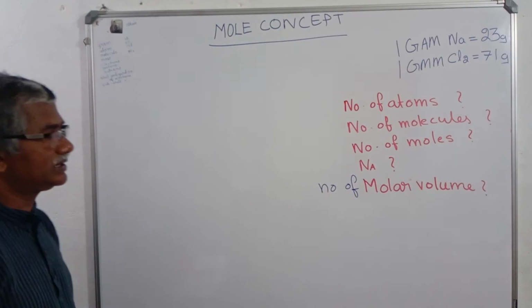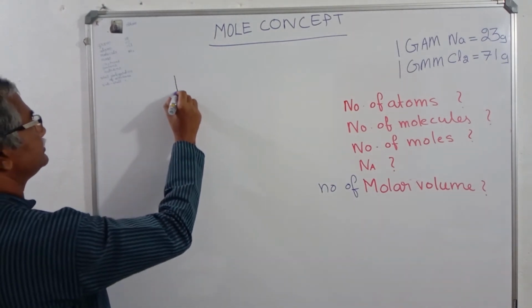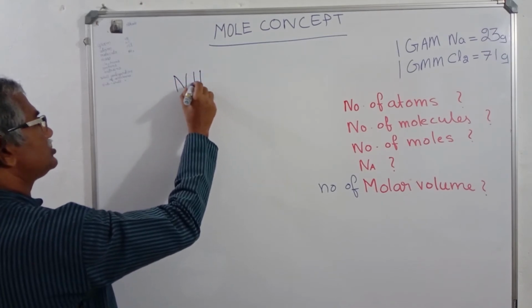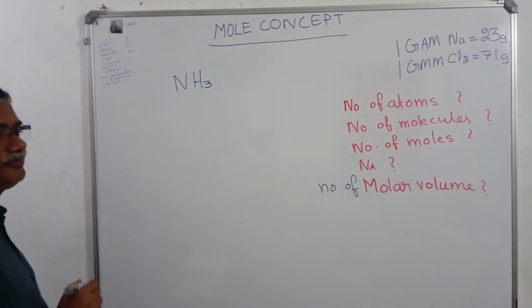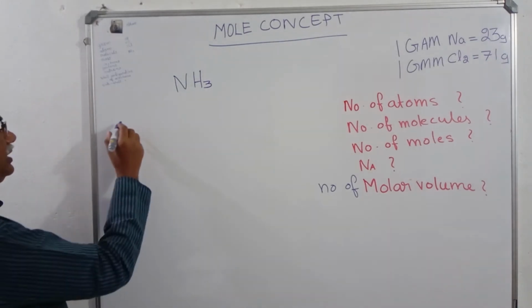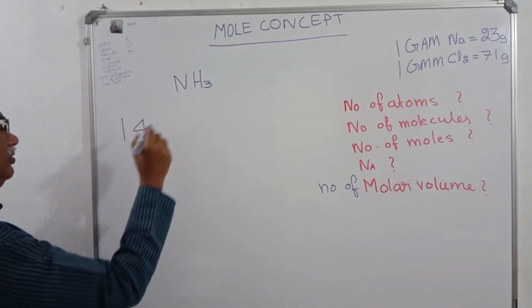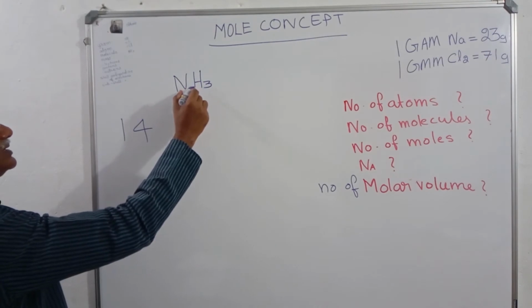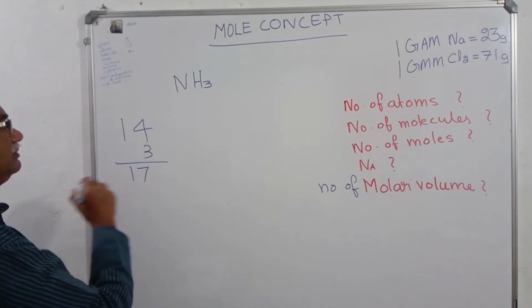So we can consider ammonia, NH3. Atomic number of nitrogen is 7, atomic mass 14, atomic mass of hydrogen is 1. Here are 3 hydrogens, 14 plus 3, which is equal to 17.